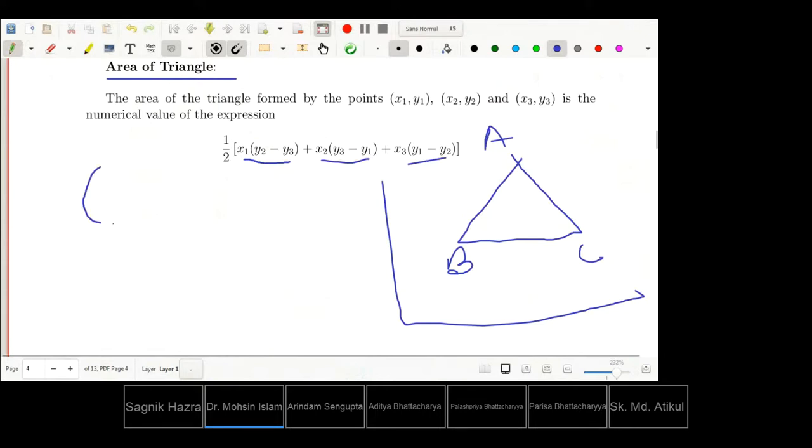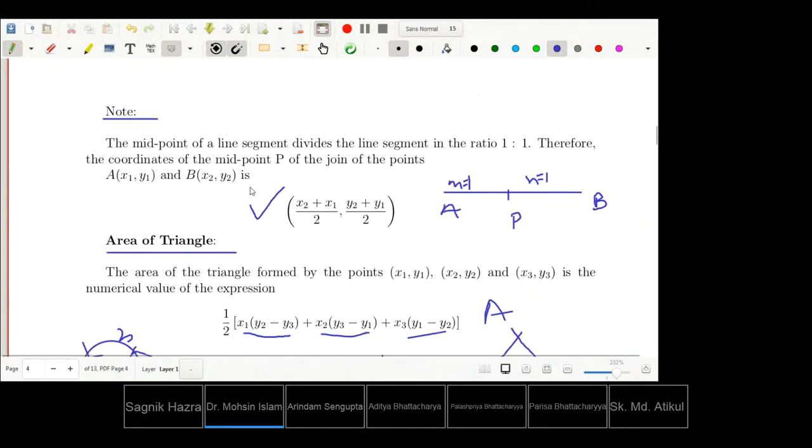So how do you know? It's 1 2 3, so you are always maintaining the cyclic order: 1 2 3, 2 3 1 and 3 1 2, like this. You have to remember x1 times y2 minus y3 and so on. So this is the formula for the area of the triangle. Okay, so these are all the introduction about that.